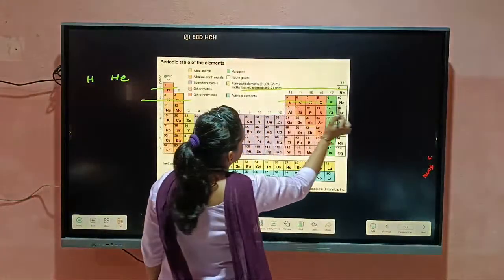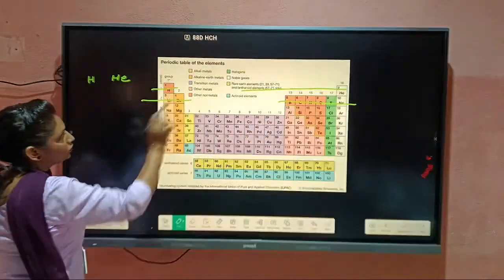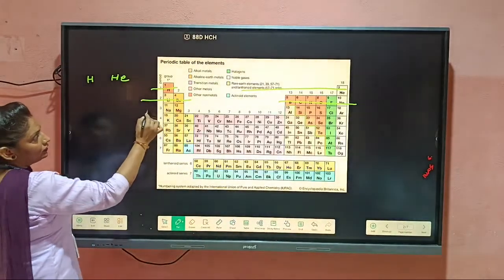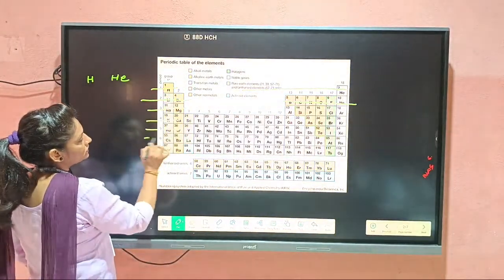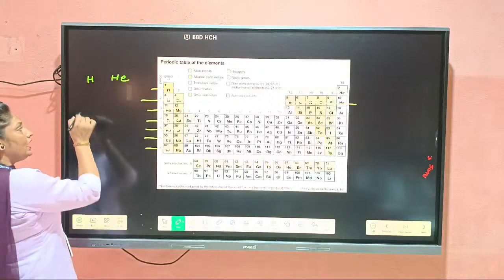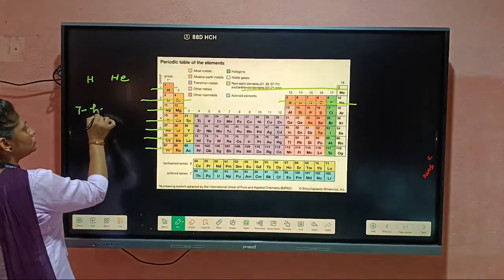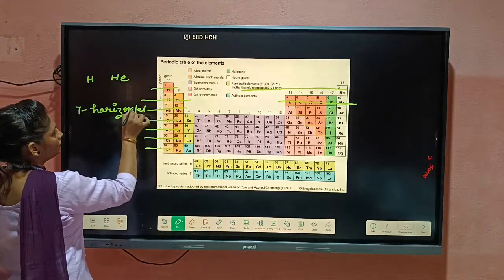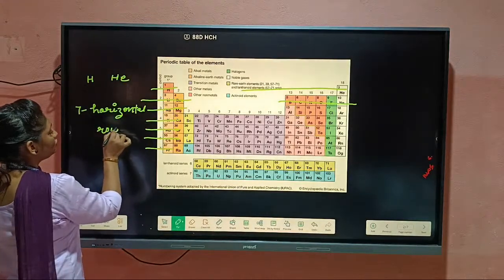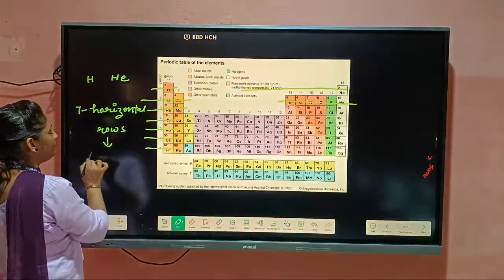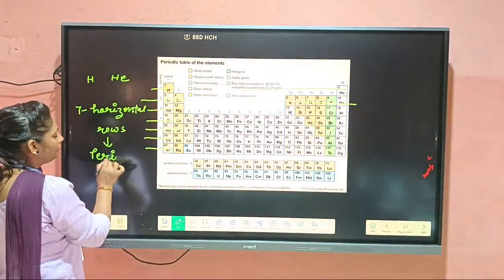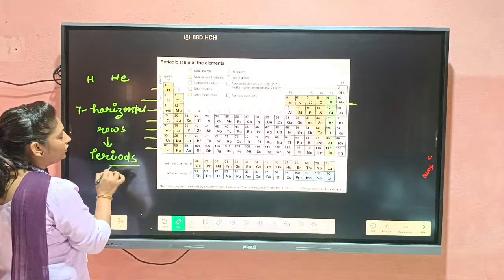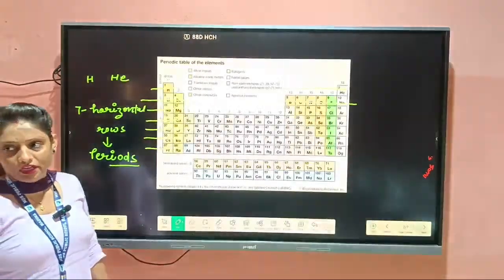Here 8 elements are present, lithium to neon. Then third, fourth, fifth, sixth, 7. These horizontal rows are known as the periods. So we can say there are 7 periods in the modern periodic table.